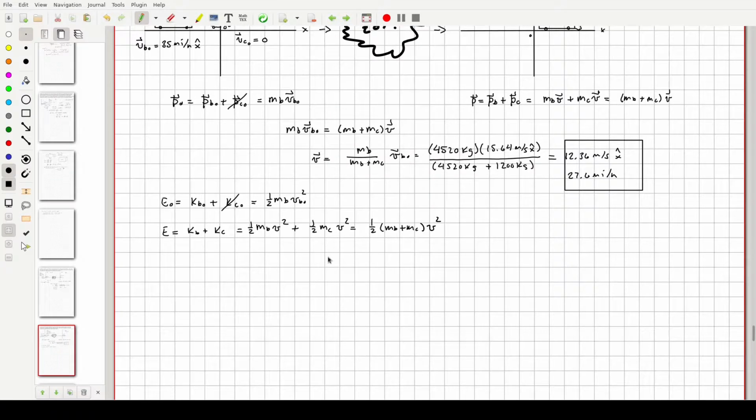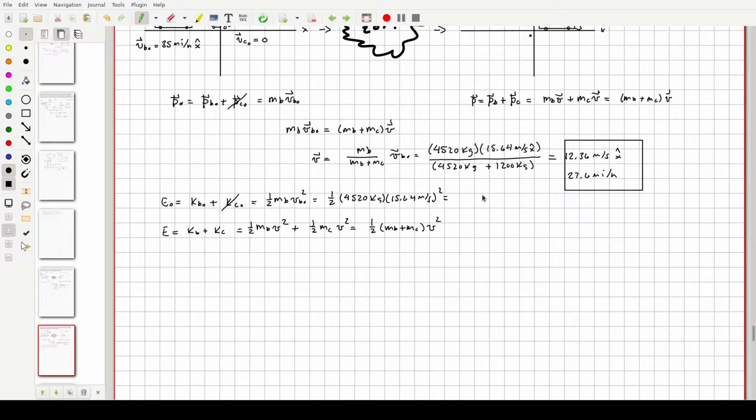So what I'd like to do is just look at the initial and the final energy and compare them. My initial energy is going to be 1/2 the mass of the bus, which is 4,520 kilograms, times the velocity of the bus initially, which was about 15.64 meters per second. You have to square that.